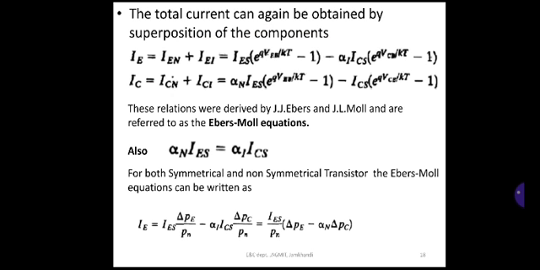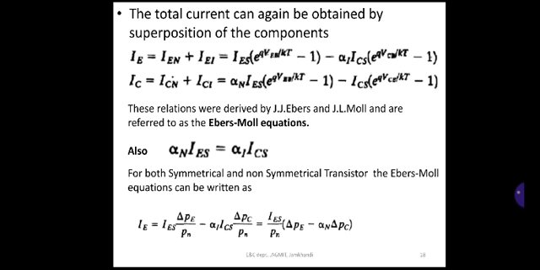Now the total current can again be obtained by superposition of the two components. So that is IE is equal to IEN plus IEI. Now substitute the values. IEN is nothing but IES into e to the power QV by KT minus 1, and IEI is nothing but minus alpha I ICS into e to the power QVCB by KT minus 1.